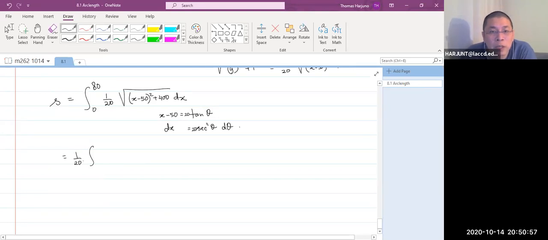So that will be tangent inverse of negative 5 over 2, and this is tangent inverse of 3 over 2.